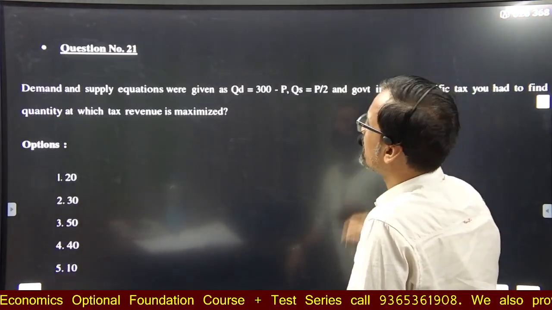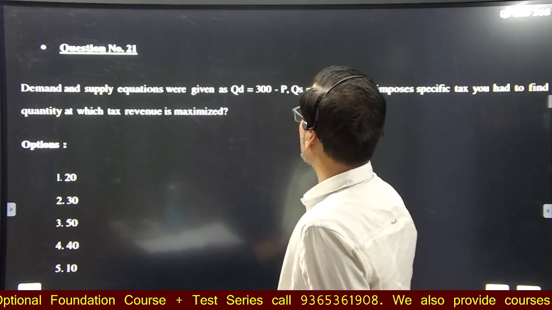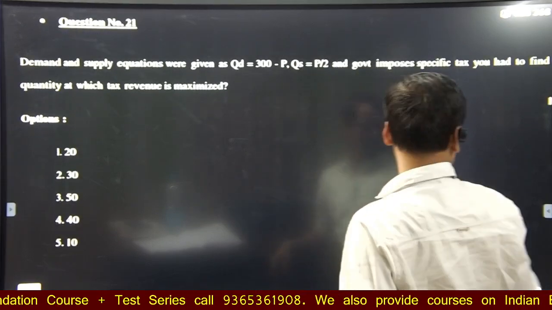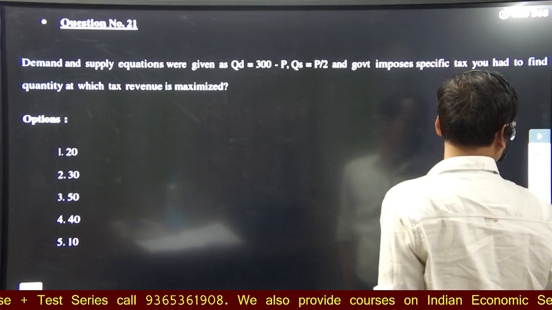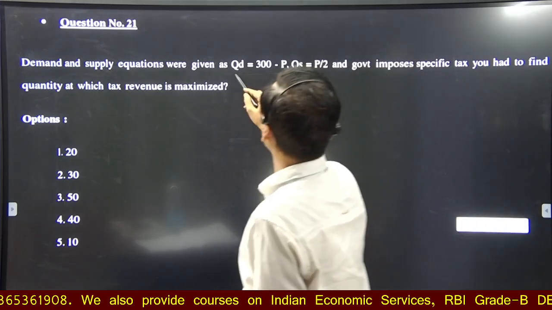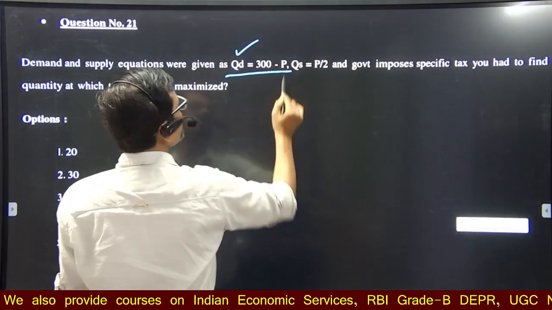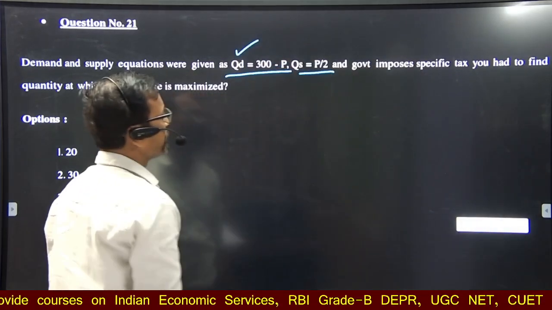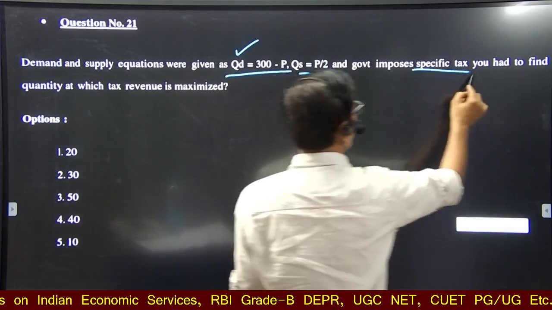Now you see, demand and supply functions were given. This is a little bit of a tricky question. The demand function is given, the supply function is there, and the government imposes a specific tax.